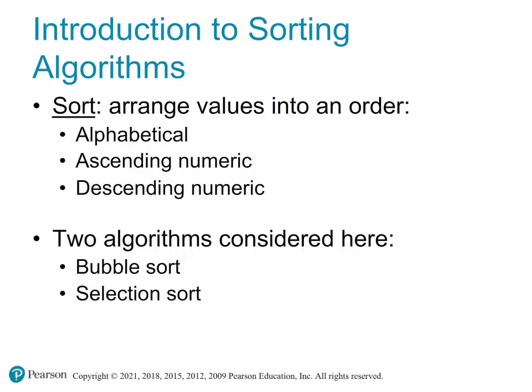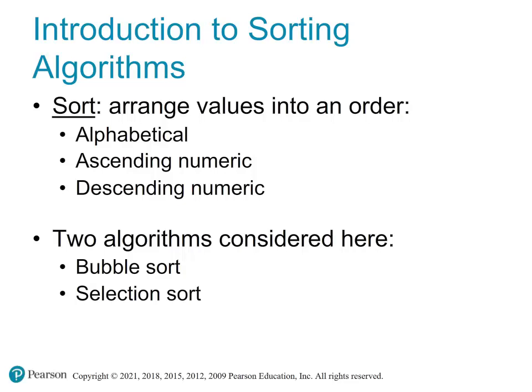Sorting can be applied in various ways: alphabetical for arranging text-based data, ascending numerical for arranging numbers from smallest to largest, and descending numerical for arranging numbers from largest to smallest.